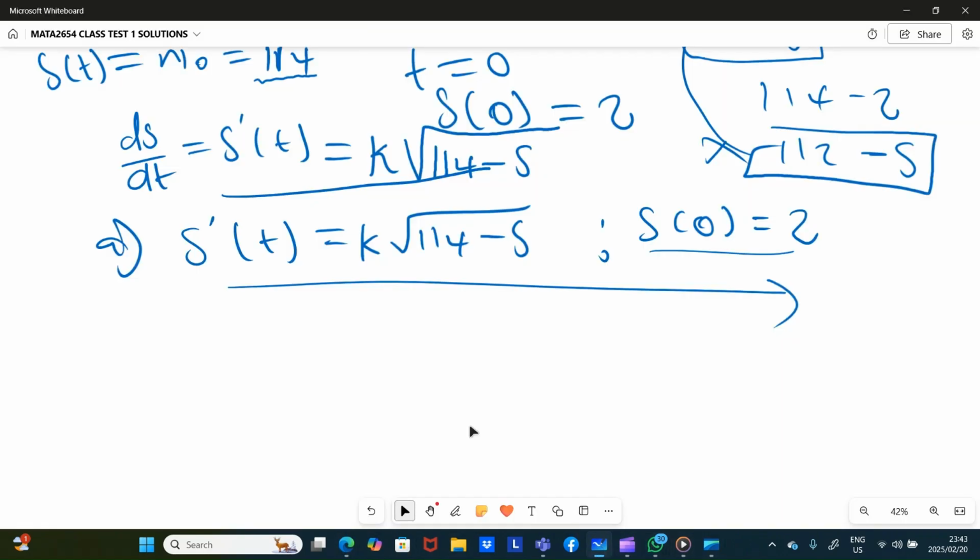Part B of the question was saying sketch the graph of S prime of t. So now they want us to sketch the graph. Okay, so let's see.